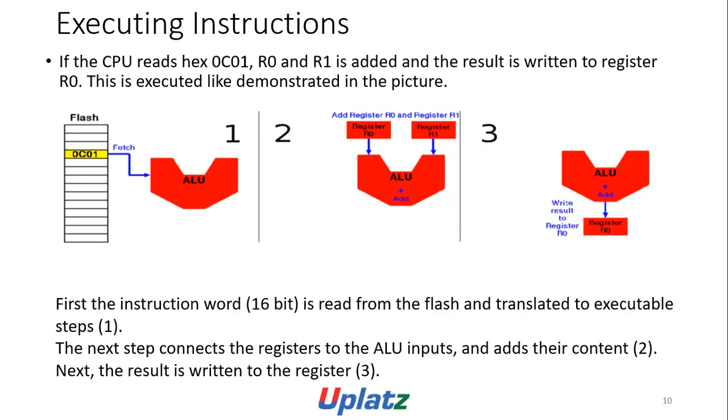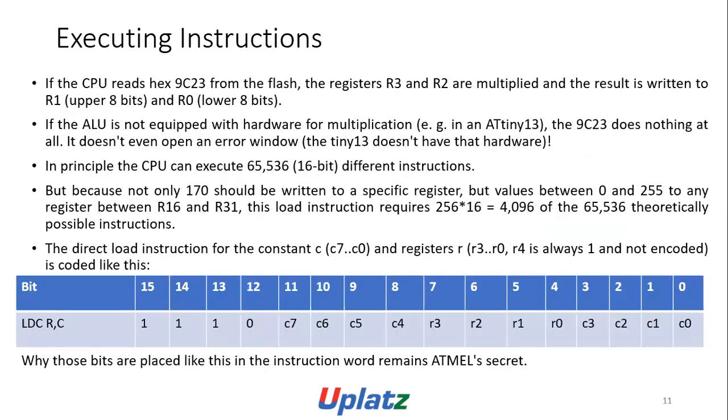The instruction word, 16 bit, is read from the flash and translated into executable steps, 1. The next step connects the registers to the ALU inputs and adds their content, 2. Next, the result is written to the register, 3.